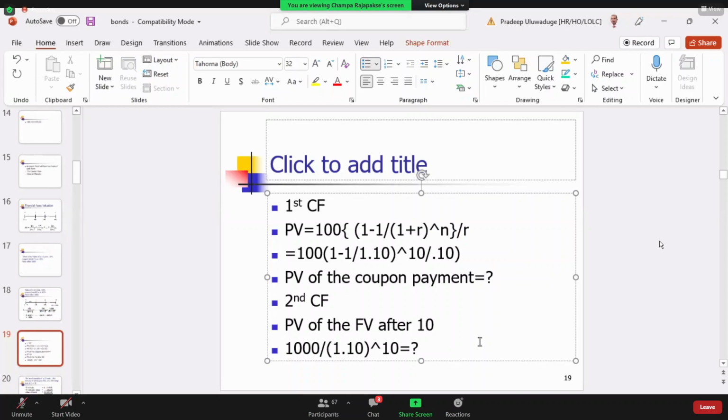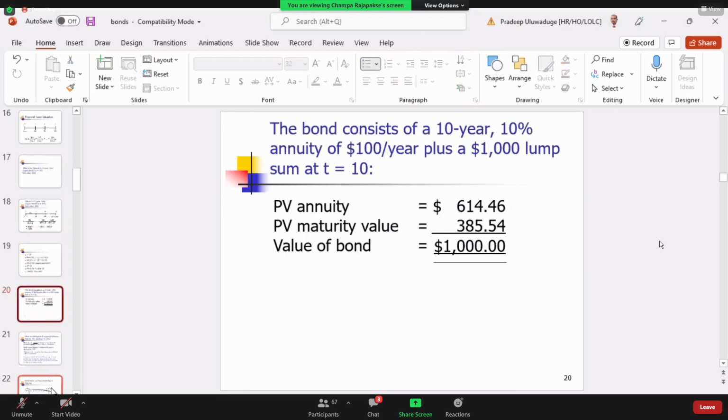In this case, for a coupon bond, we have two types of cash flows. One is the coupon payment, the other is the value at maturity, what you get from the company. So we have to convert both cash flows to present value and then add those two together. It will give you the value of the bond, right?